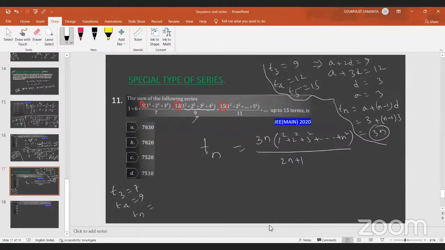So in this type of series, to solve this kind of problem, we need to first find the general term. That is the first step.